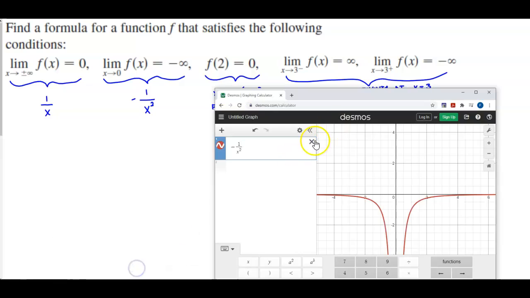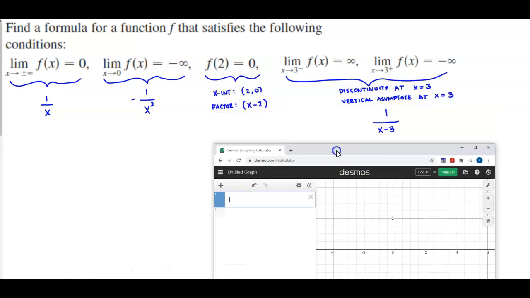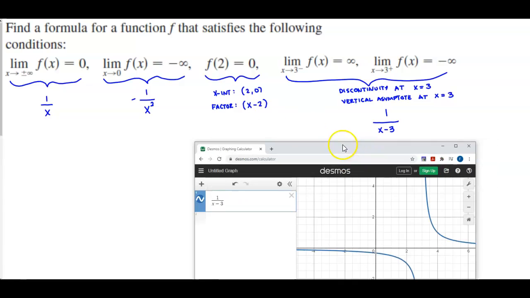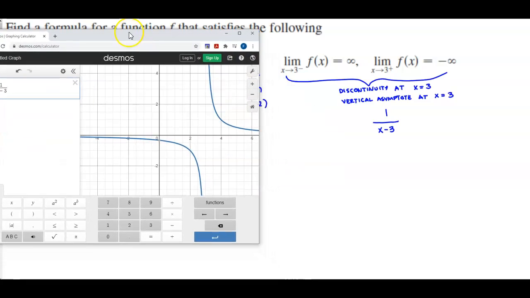Now let's go ahead and graph that and see what that looks like. If we put 1 and divide that by x minus 3, we can see that as x is approaching 3 from the left, it should be approaching positive infinity, and as x is approaching 3 from the right, it should be approaching negative infinity.